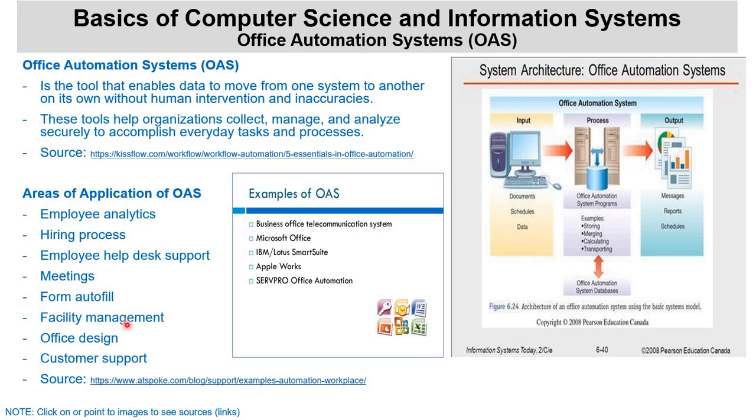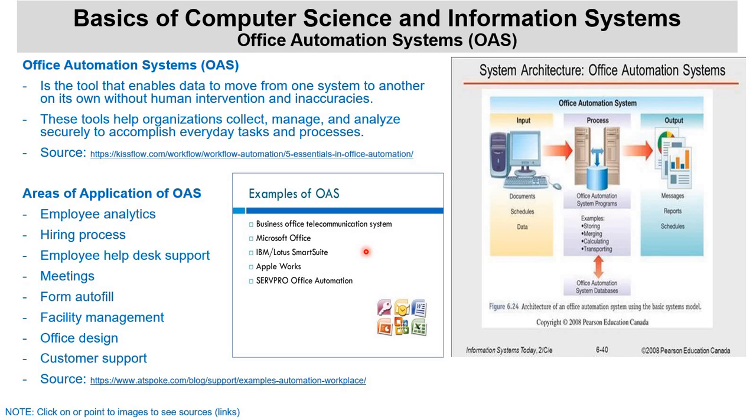And form autofill, in database management systems. And these are the several areas you can actually look into. The tools such as Microsoft Office, AppleWorks, depending on the area you're into, there are a lot of tools that you can use here to help you automate some things. So you might want to do a financial calculation, for example. You can use Microsoft Excel to do that.